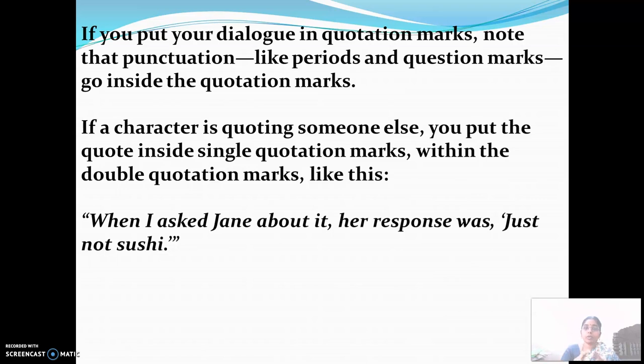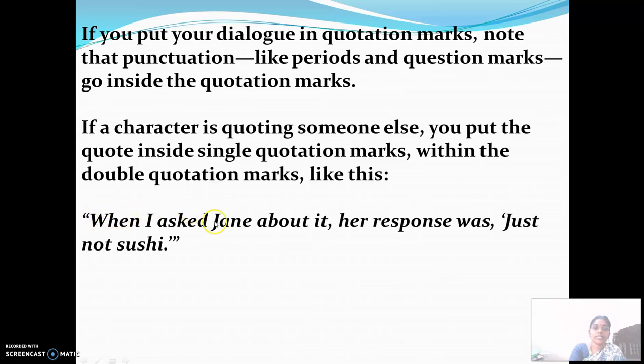If a character is quoting someone else, you put the quote inside single quotation marks within the double quotation. First you have to start the single quotation, close the single quotation, then you have to close the double quotation, right? See here, first they started with the double quotation.